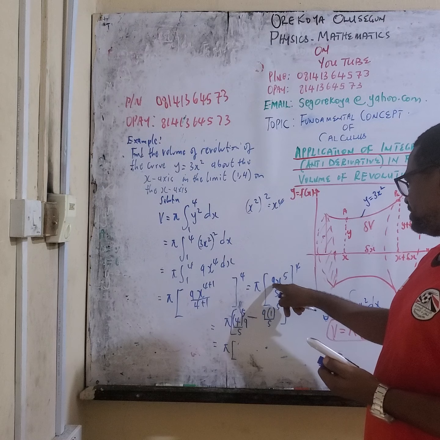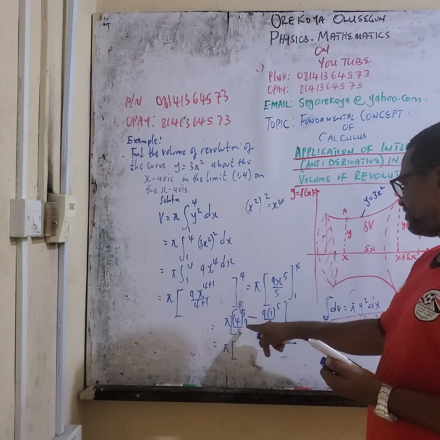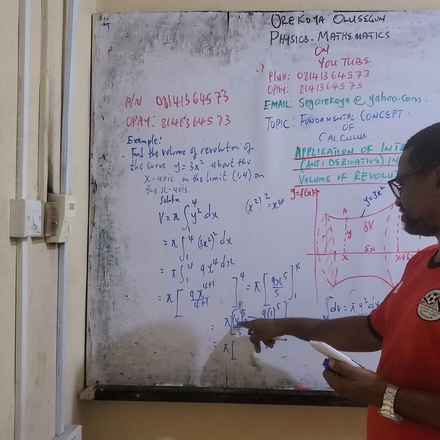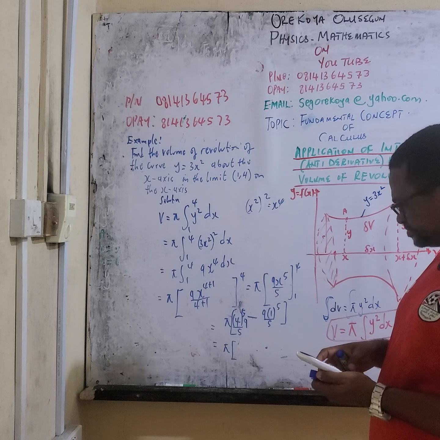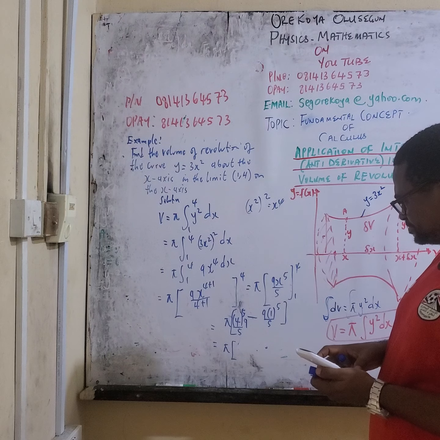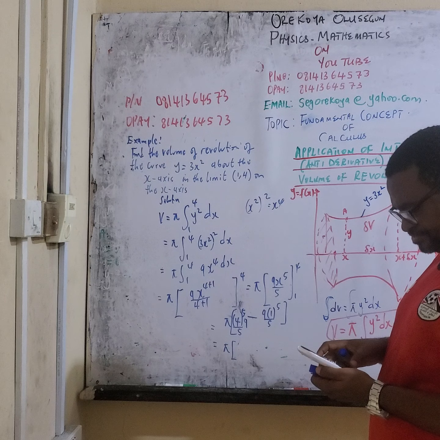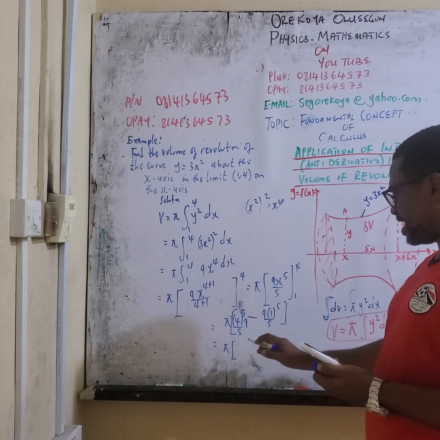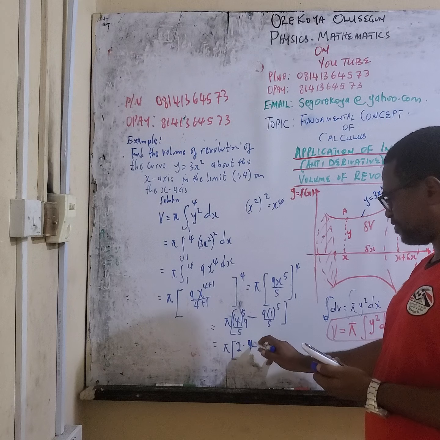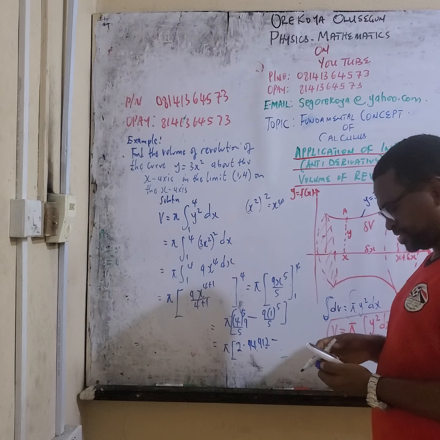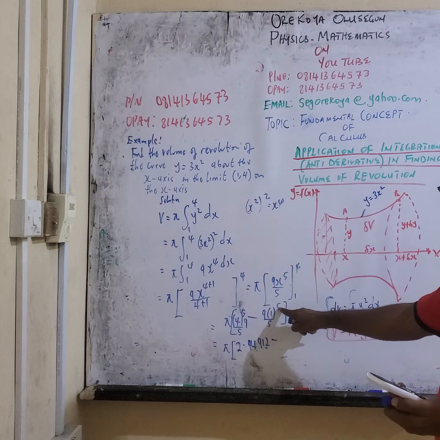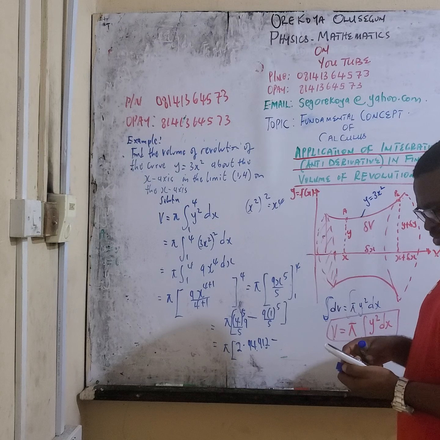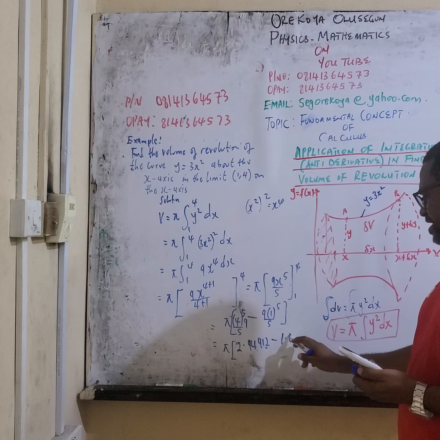This is supposed to be 9 times 4 raised to power 5 over 5. So I have 2.94912. Take away, then 1 raised to power 5 is 1, 1 times 9 is 9 over 5. So 9 divided by 5 as its decimal is 1.8.